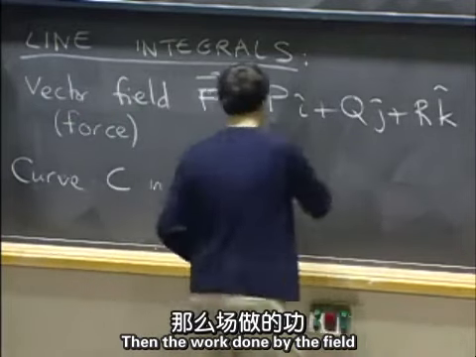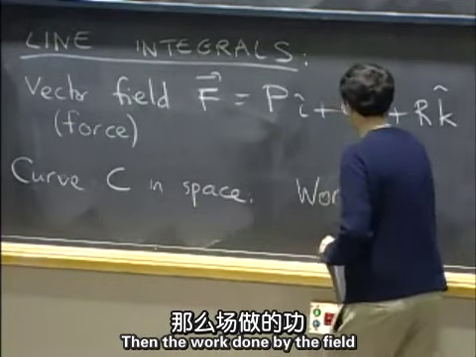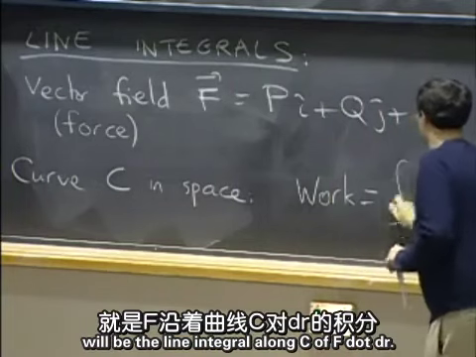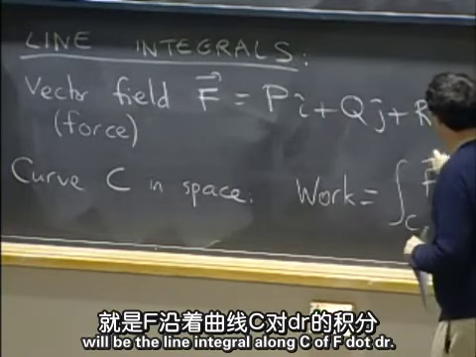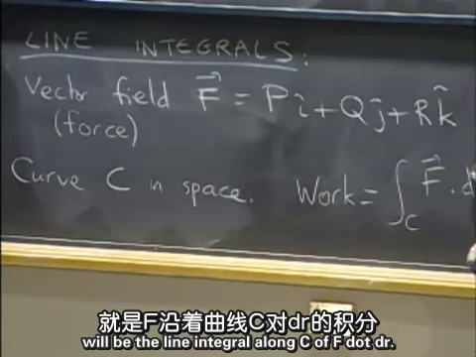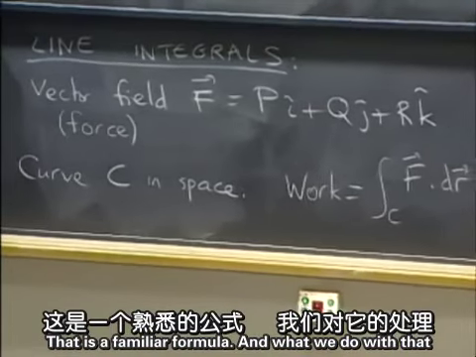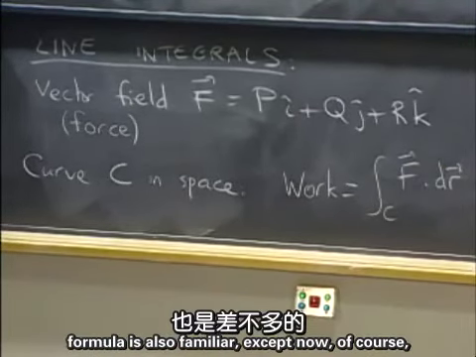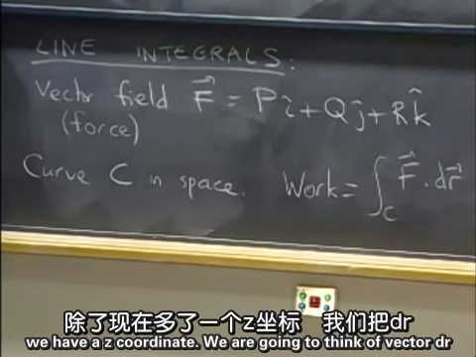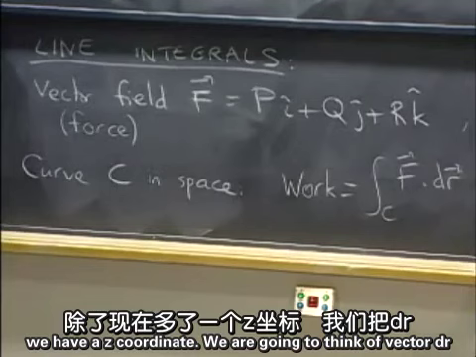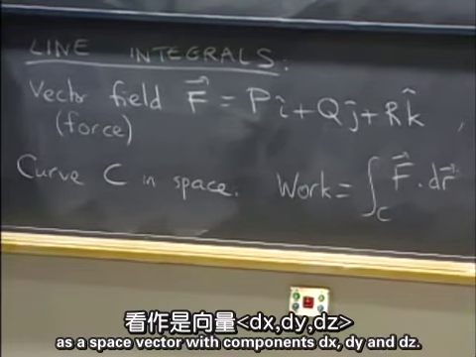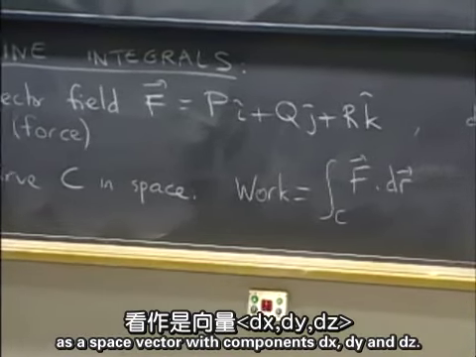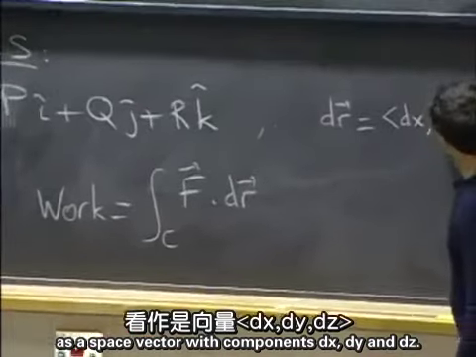Then the work done by the field will be the line integral along C of F dot dr. Okay, so that's a familiar formula. And what we do with that formula is also familiar, except now, of course, we have a z coordinate. So we're going to think of vector dr as a space vector with components dx, dy, and dz.